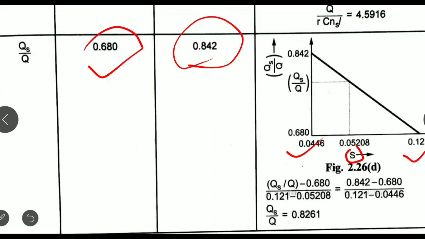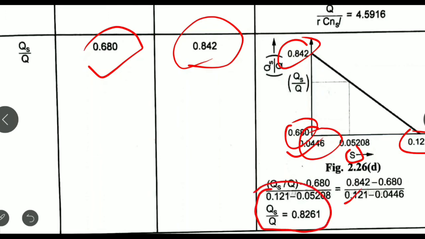Now on y-axis we need to calculate 0.680 minimum, maximum 0.842. Correct. Now make the interpolation: Qs by Q minus 0.68 divided by 0.21 minus 0.05, and same, which is equal to max minus minimum on y-axis, max minimum on x-axis. So I kept here. So I'll get the Qs by Q is 0.82.